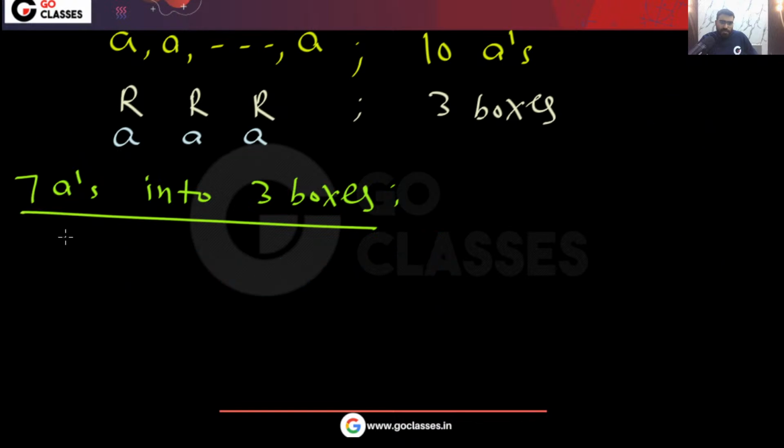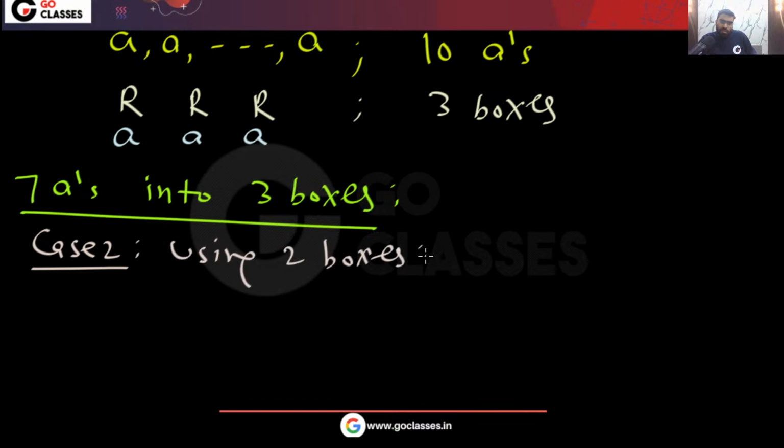What is case 2? Case 2 is using 2 boxes. If you use 2 boxes, then how many ways are there? Very simple. You can do this distribution 6-1, meaning 6 A's in one box, 1A in another box. You are only using 2 boxes, remember.